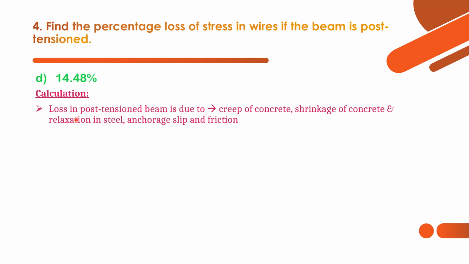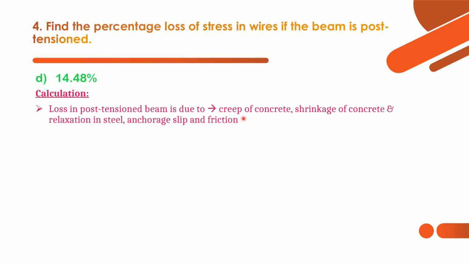So what are the losses in a post-tensioned beam? Here also we have to consider creep of concrete, shrinkage of concrete, and relaxation in steel. But there is no elastic deformation. We should not consider elastic deformation in case of a post-tensioned beam. We have to consider these two things: anchorage slip and friction.